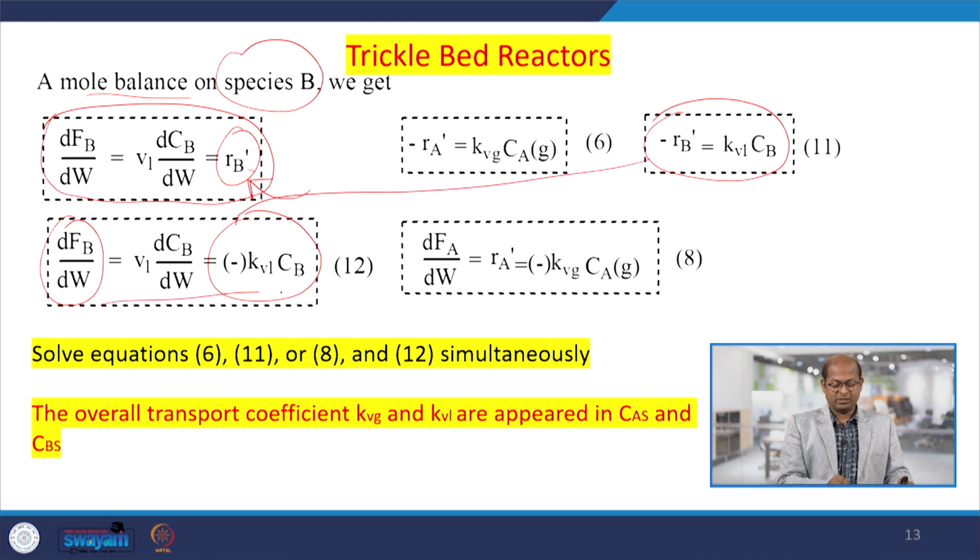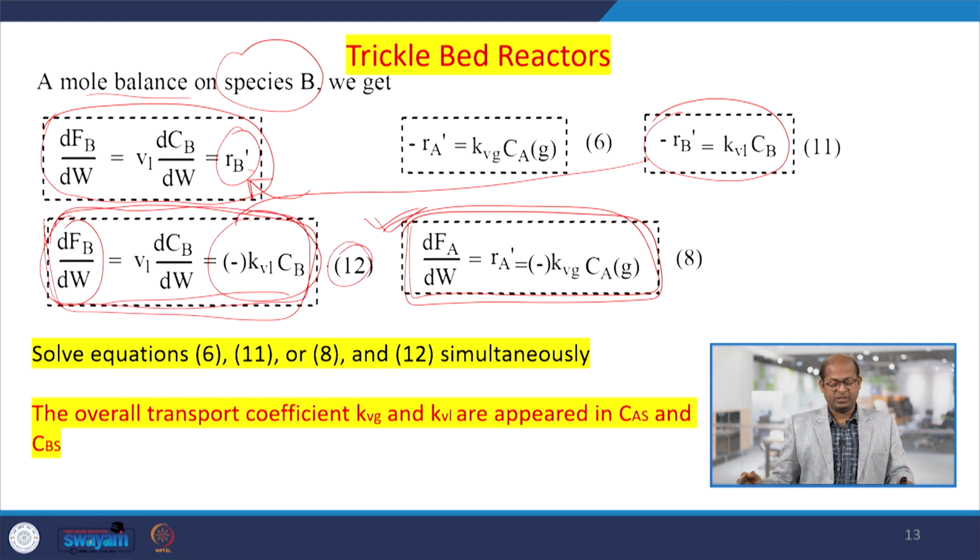Then this equation gives this. So, from component A we have derived this and component B is this. Equation 8 is the design equation for component A, and equation 12 is the design equation for component B. This is the differential form of the design equations for the trickle bed reactor for components A and B.